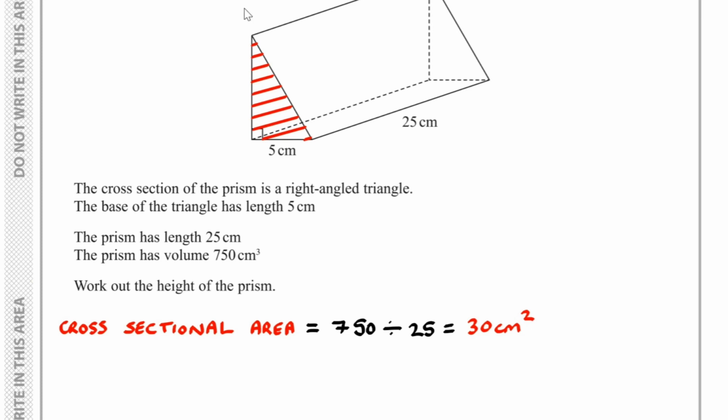How do I work out the area of a triangle? Well, that's given by 1/2 times the base, which is 5, times the height. Now the height of this triangle, let's call it h.